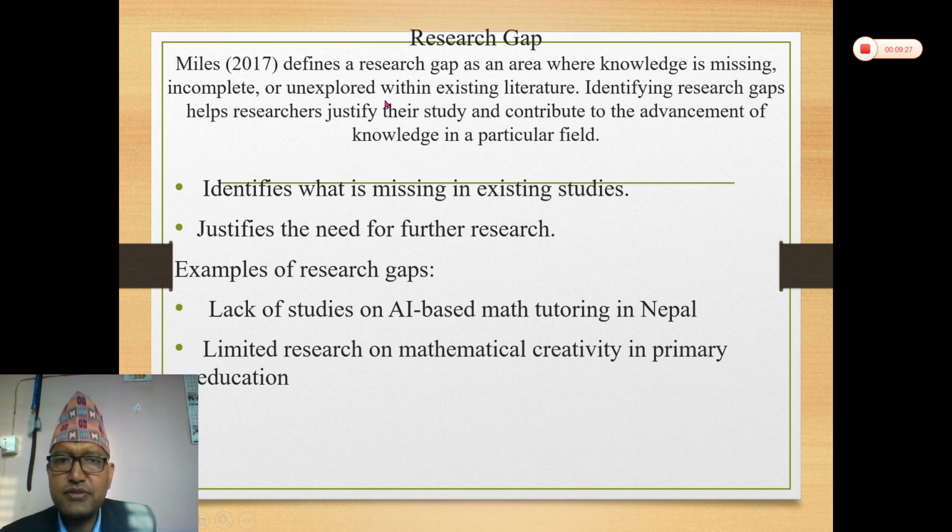Identifying research gaps helps researchers justify their study and contribute to the advancement of knowledge in a particular field. It identifies what is missing in existing studies and justifies the need for further research. Examples of research gap: lack of studies on AI-based math tutoring in Nepal, and limited research on mathematical creativity in primary education.